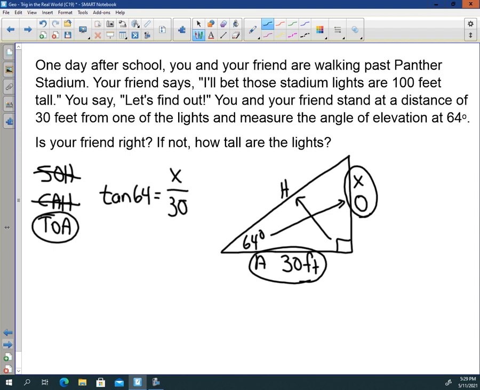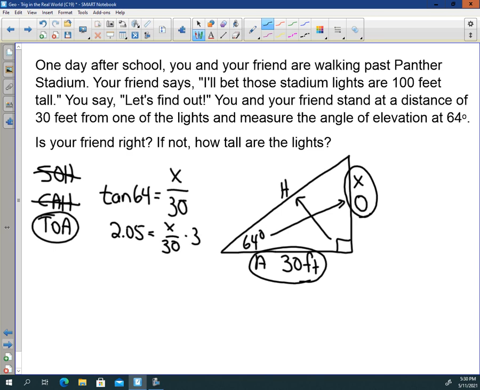Now, again, we're going to be multiplying by that 30 on both sides. You always multiply by what's in the denominator. Sometimes it's a number, sometimes it's a letter, but you use the same path every time. Tan of 64 is, oops, I don't think I did that right. 64 tan, 2.05. 2.05 equals x over 30.